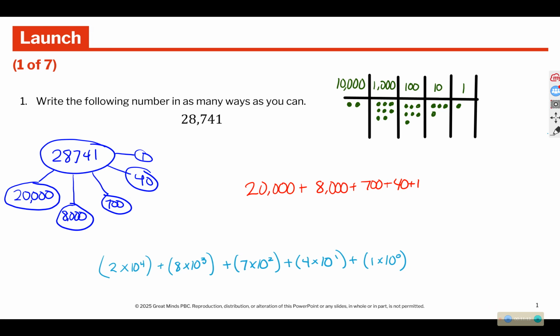What do you notice about the expanded form and the expanded form with multiplication? These are both showing the same numbers. This one just has addition, but this one has addition and multiplication in it.